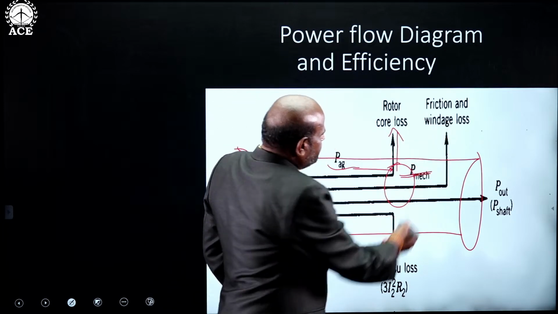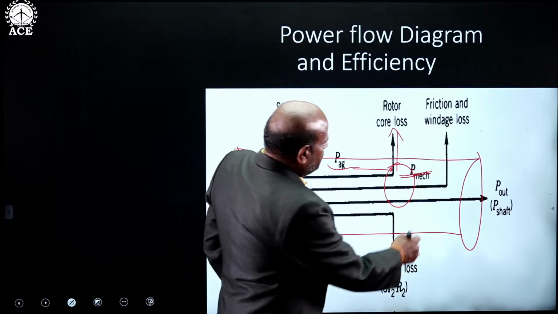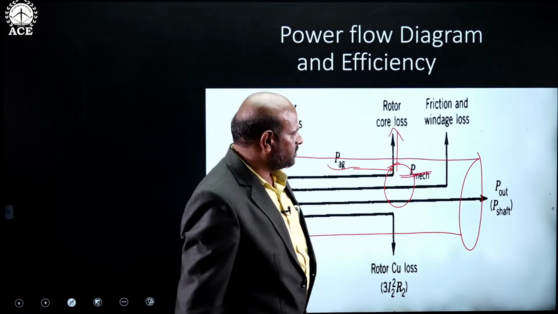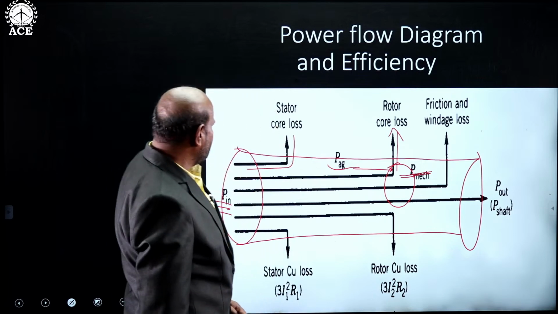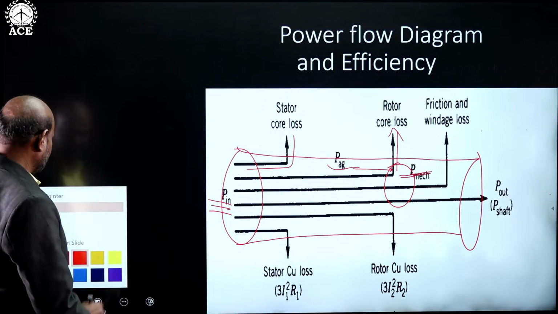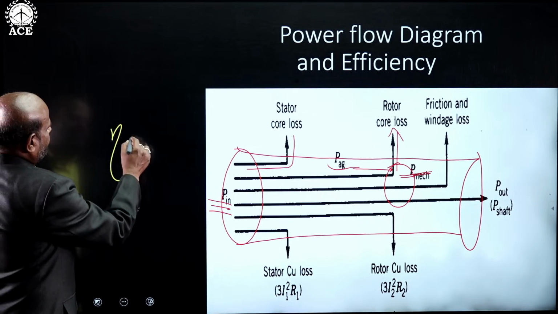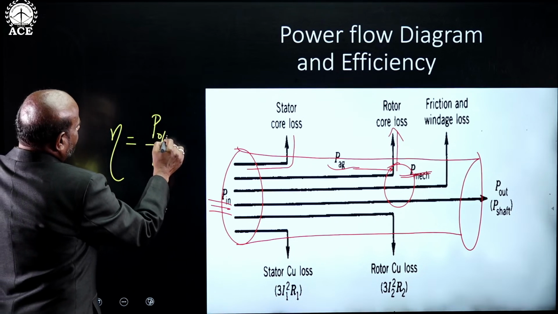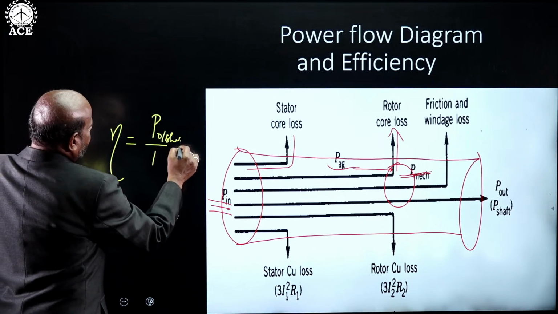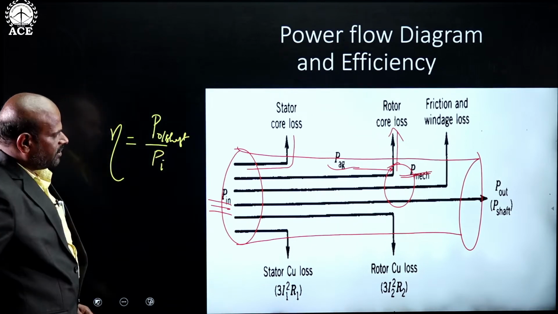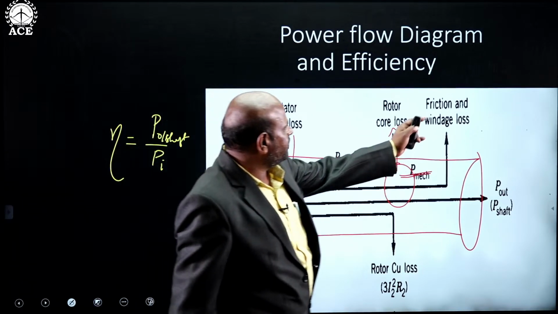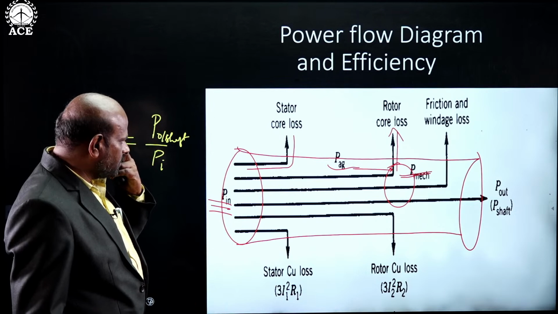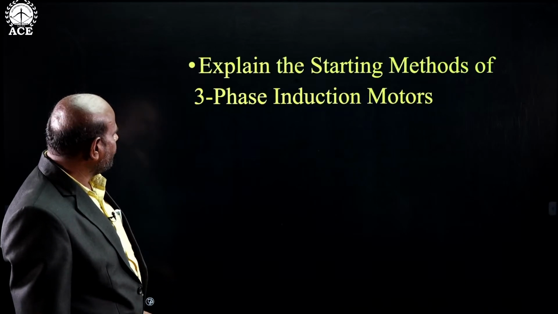So by deducting friction and windage loss from the mechanical input, we are going to get shaft output. This is the shaft output. So finally, what is the efficiency of this induction motor? Output by, what is the output? Mechanical output or shaft output by electrical input power. Or if you are neglecting friction and windage loss, P mechanical by P input power.